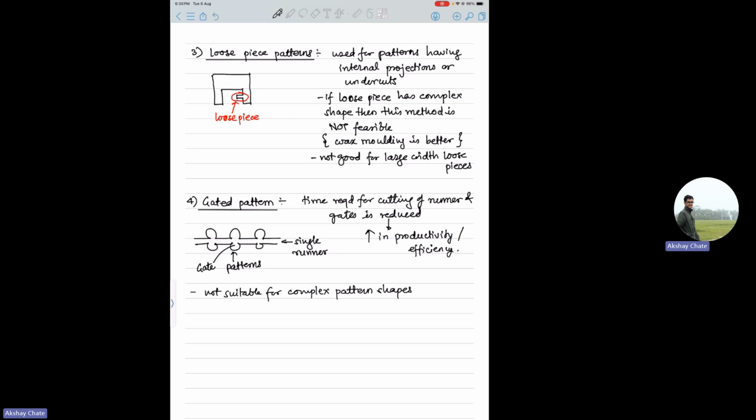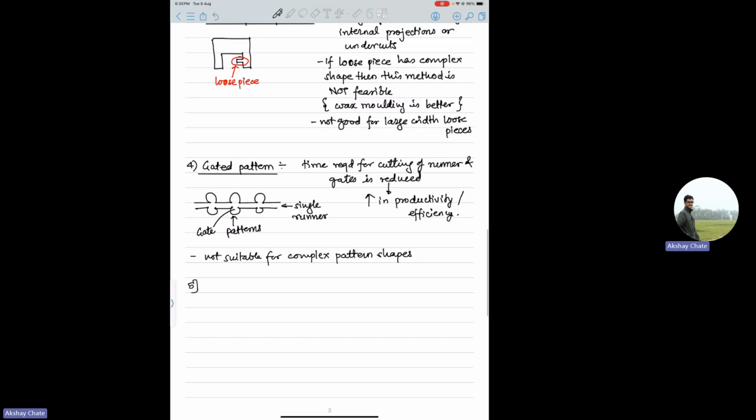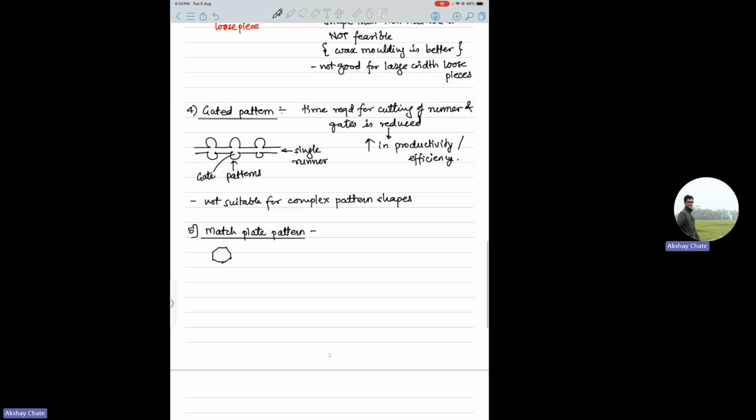Okay, then you have match plate patterns. Typically if you want to make something like this, say a hexagon, they will make the top half like this, the bottom half like this, and you'll have one match plate of the same material, like this.